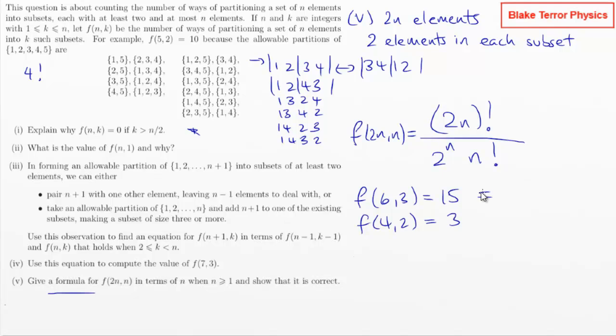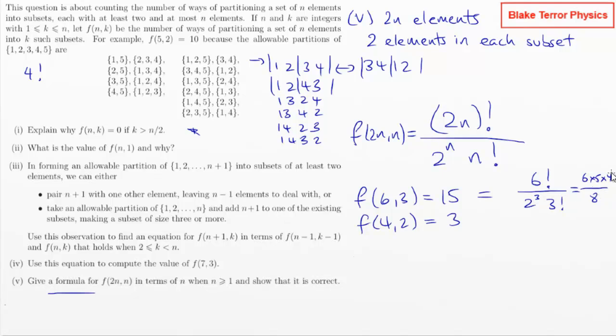So f(6,3). 6 is our 2n, so we want 6 factorial over 2 to the power of 3, and then 3 factorial. That is going to be equal to 6 times 5 times 4 divided by 8.